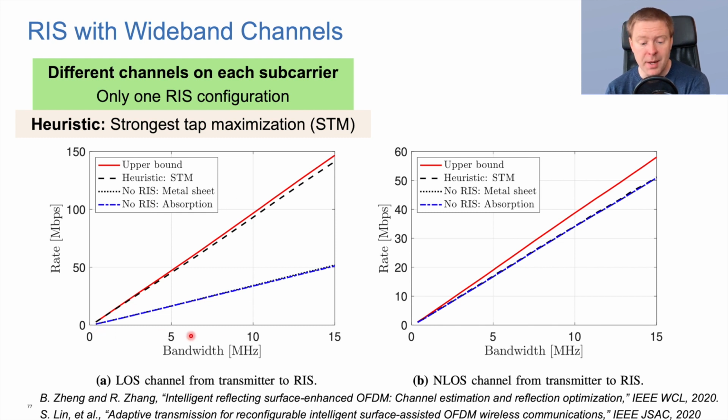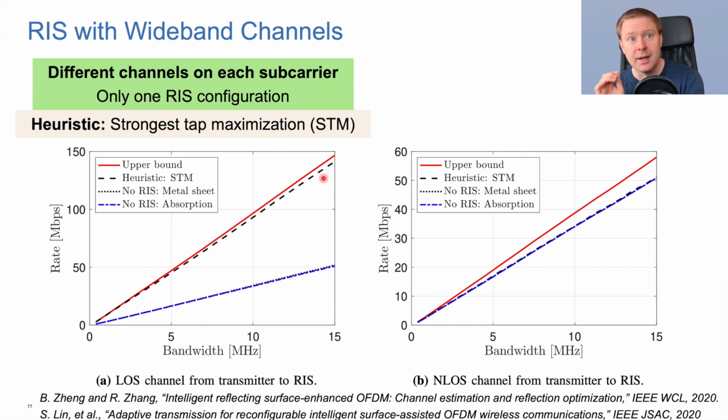So as I'm increasing my bandwidth here, my rate is going up linearly with the bandwidth, which is expected. If I can configure my surface perfectly, in the sort of upper bound where I can pick the RS configuration at every subcarrier optimally, even if that's not physically possible, I will get a red curve. And if I'm following the strongest tap maximization principle, I get this black dashed curve, which is very close to it.